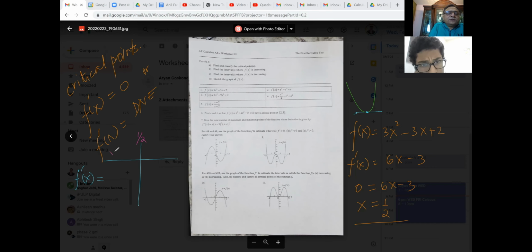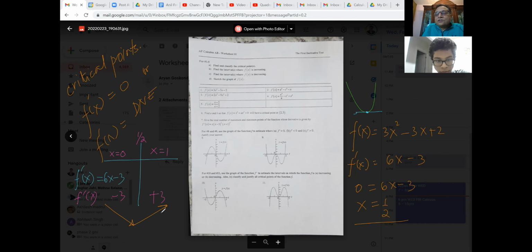So x equals 0 could be on the left side and x equals 1 could be on the right side, correct? Let's find the derivative at both these points. On the left side, if I plug in 0, because the equation is 6x minus 3, I get minus 3, correct? If I plug in 1, I get plus 3, correct? So what I'm saying is the derivative is negative on the left side. Negative derivative means decreasing. You get the idea? And positive derivative means increasing.